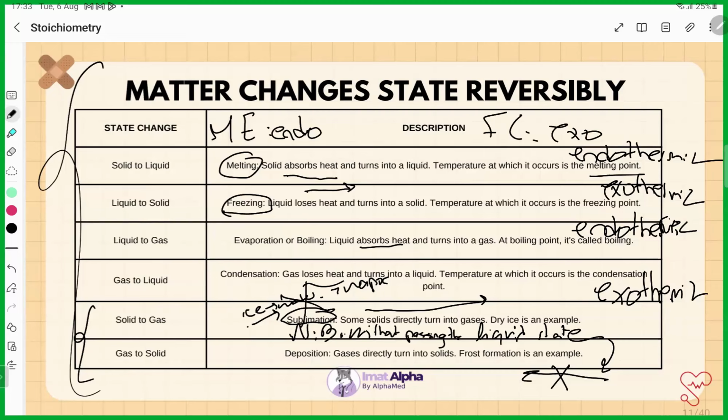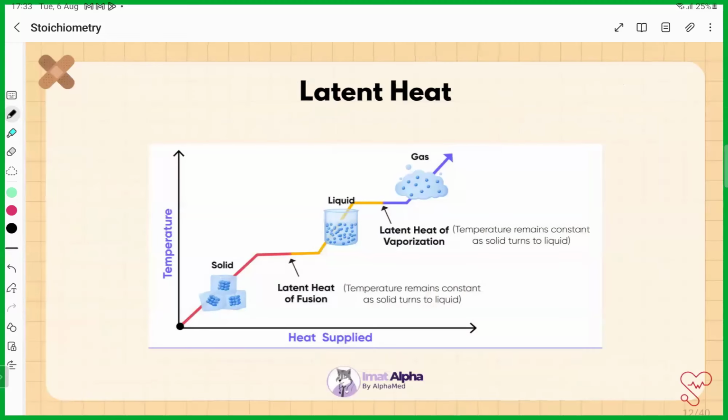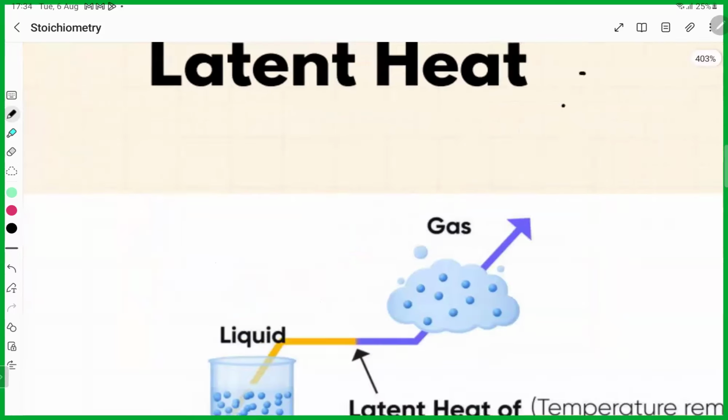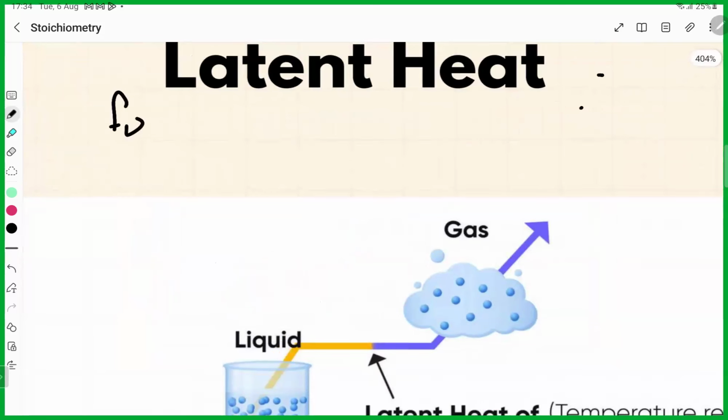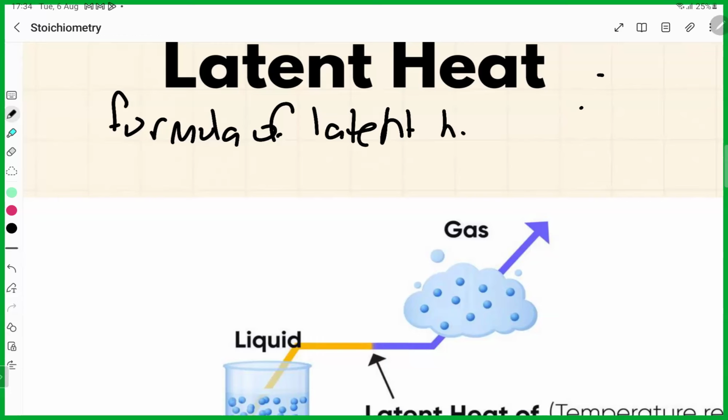So latent heat, the formula: Q equals mL.